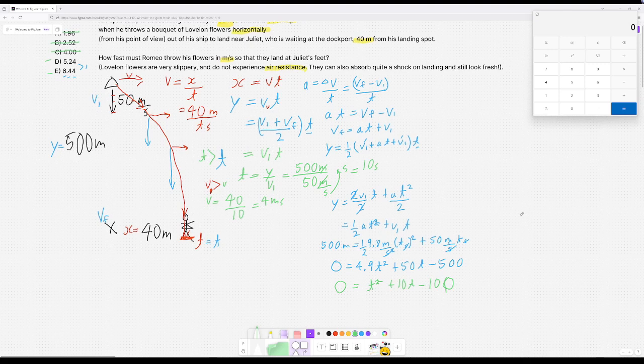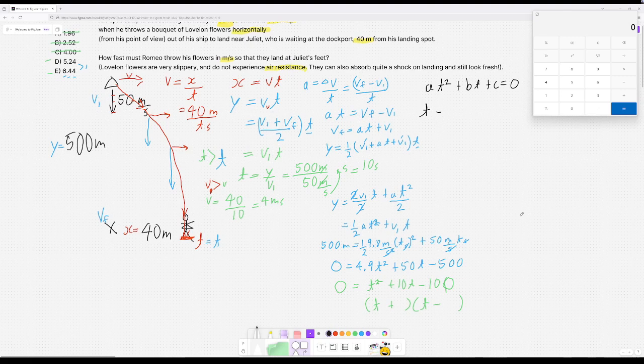Now, at this point, we have two choices. We know the form of the result is going to be t squared, like t times t, and then a minus and a plus. We don't know what those are, and the way we typically solve this is using the quadratic equation, let's do a different color again. The quadratic equation is a t squared plus b t plus c equals 0.